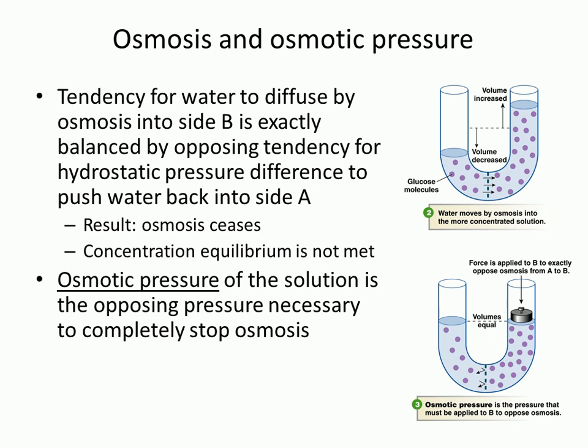Is that like pressure to stop osmosis from happening, or pressure that stops it after it's moved all the water? Well, remember when we were talking about diffusion, we said that there's a net diffusion. So even when you reach equilibrium, molecules are still moving. And that's the same thing with osmotic pressure. Osmotic pressure is the pressure that stops the net flow in the direction of the osmotic gradient.